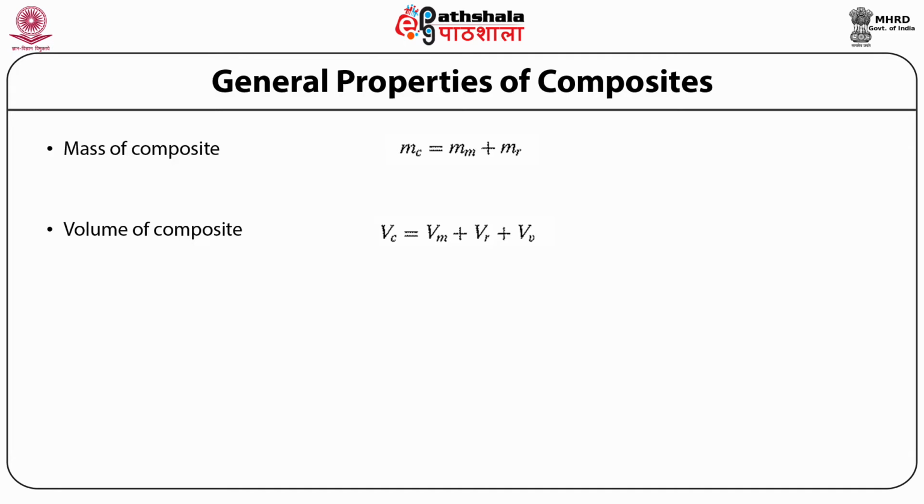If there are no voids, then we can reduce the third term to 0. Hence, Vc, the volume of the composite, is equal to Vm plus Vr plus Vv.